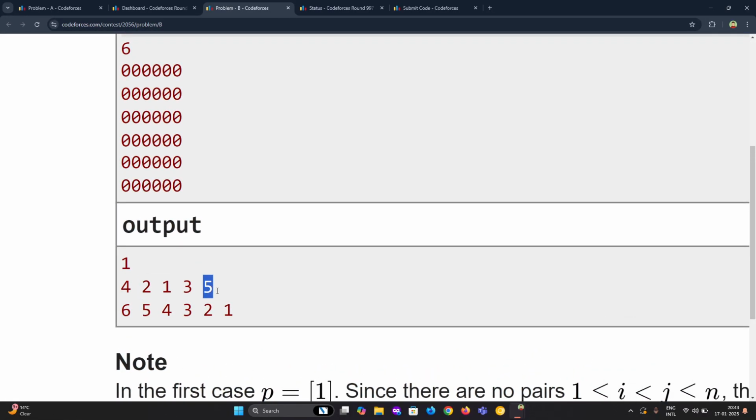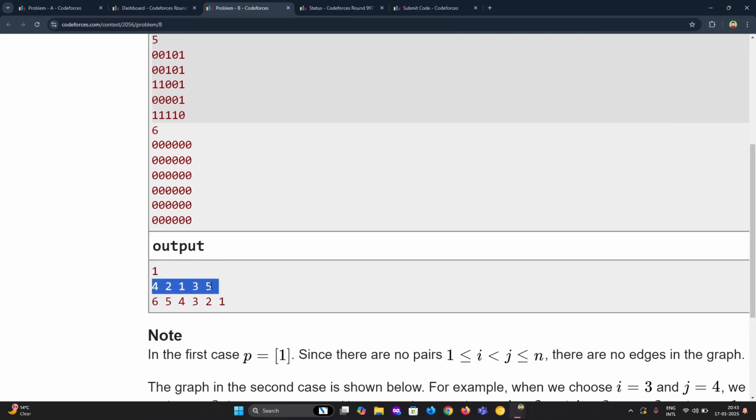Or we can make a test string so that even if this returns 41235, we reorganize it in some way.